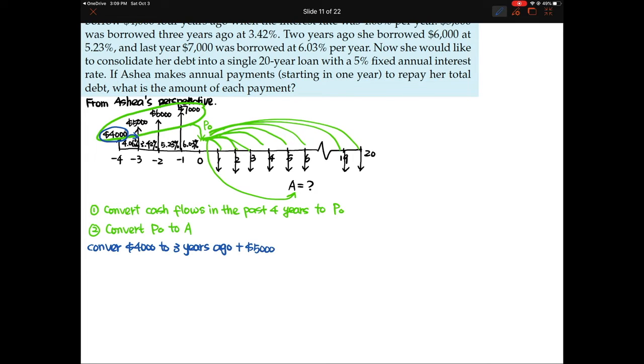That's going to be the total amount of cash flows at 3 years ago.